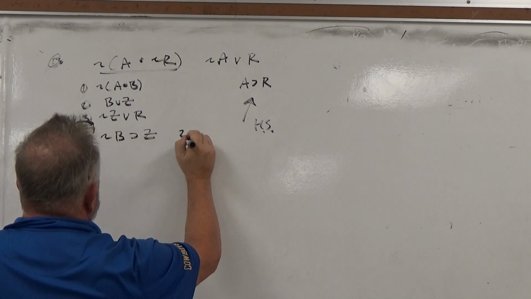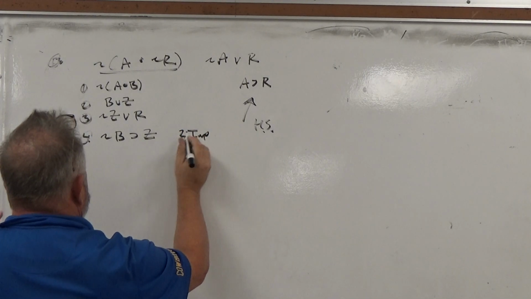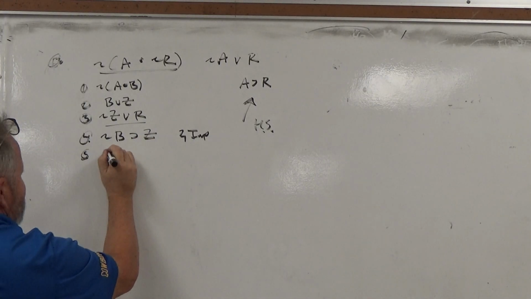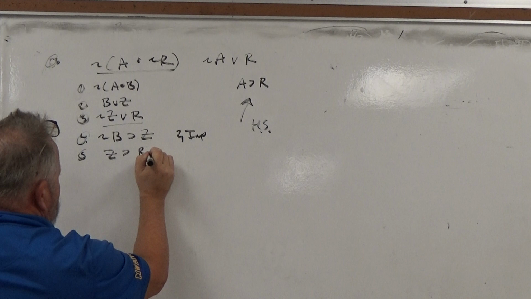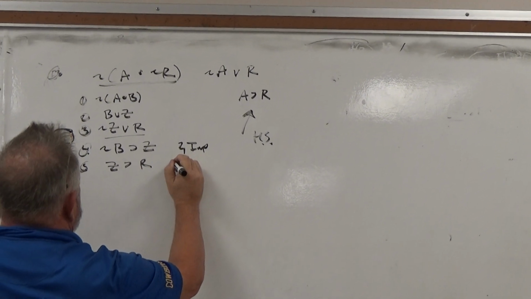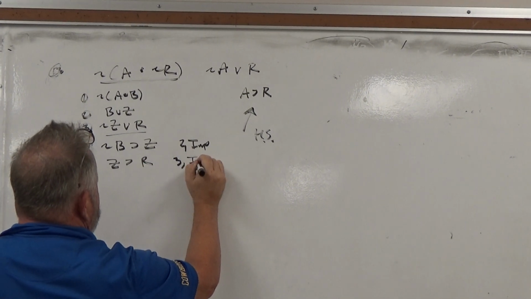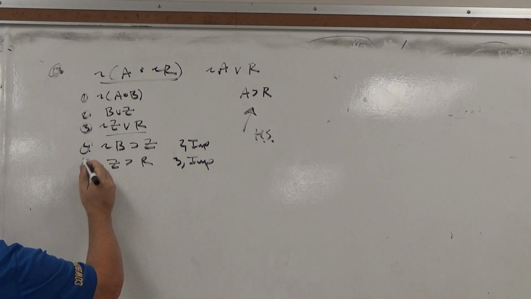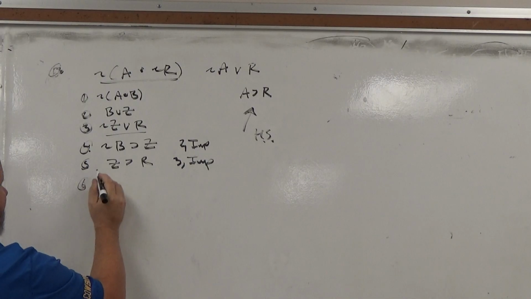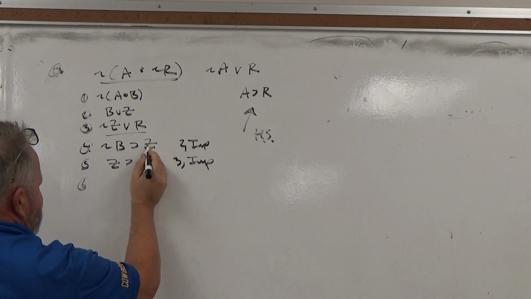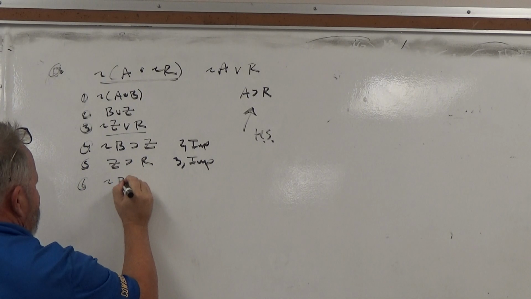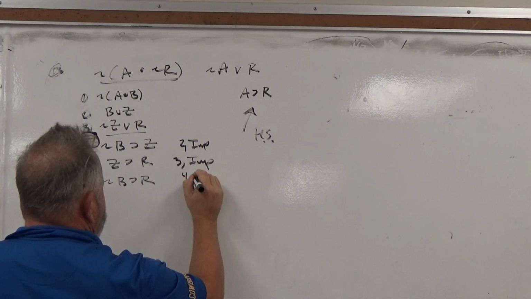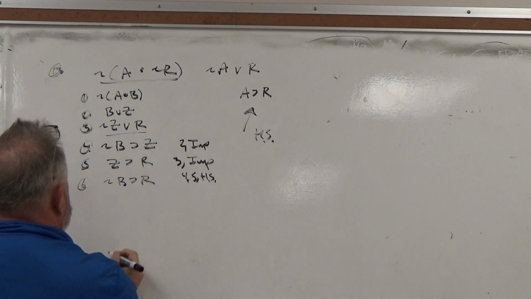That's from 2 by implication. Now I want to convert this into a conditional, and I get Z then R from 3 by implication. And look what I can do already between 4 and 5. I get not B then Z, Z then R, so not B then R. So that's 4, 5, hypothetical syllogism.